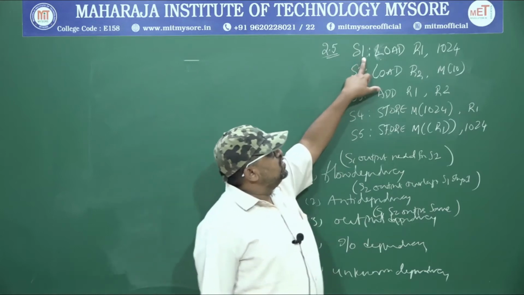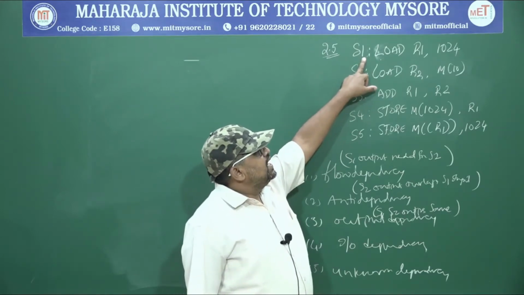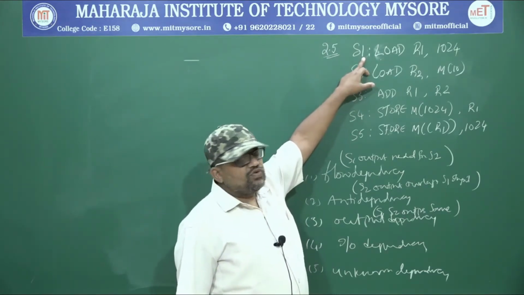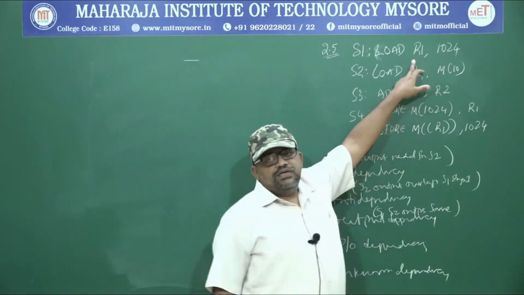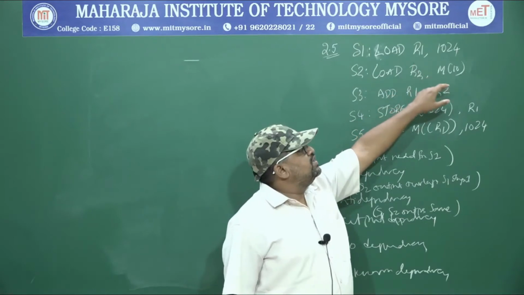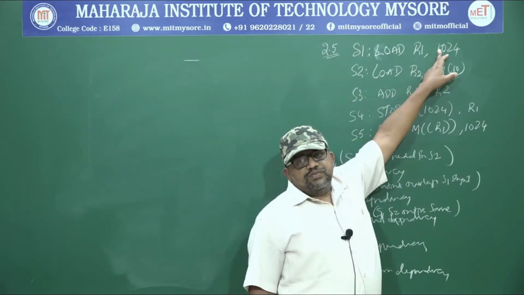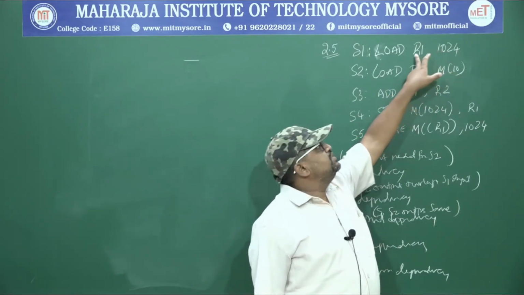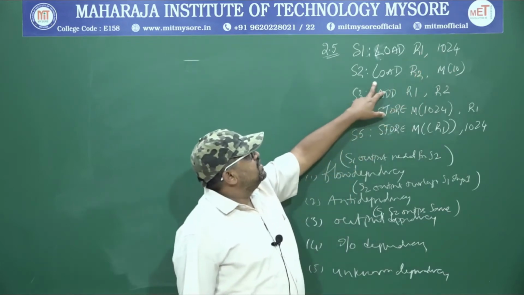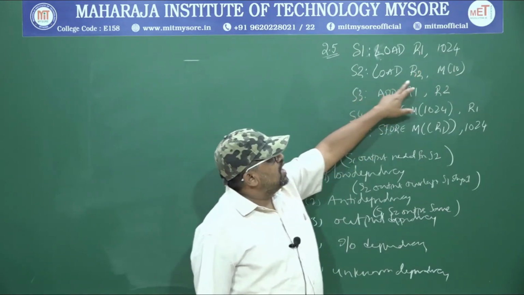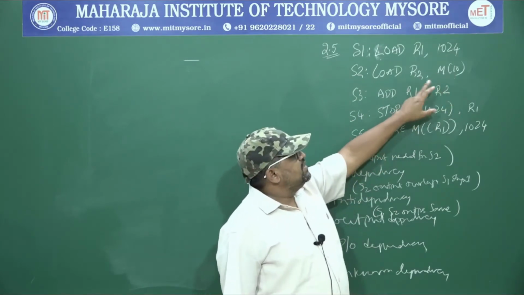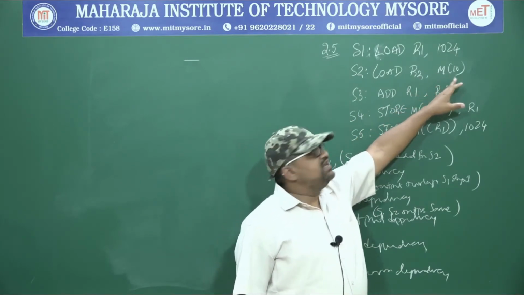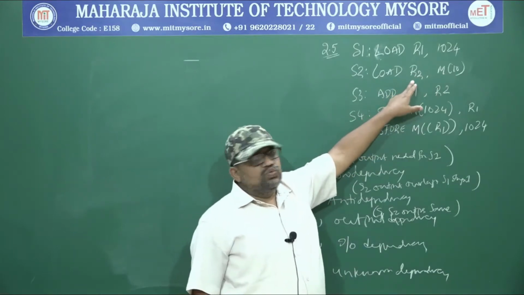The first one is load R1 comma 1024. What does it mean? Load the contents of the memory location 1024 into R1. Second one is load R2 comma M of 10: load the contents in the memory location 10 into register R2.